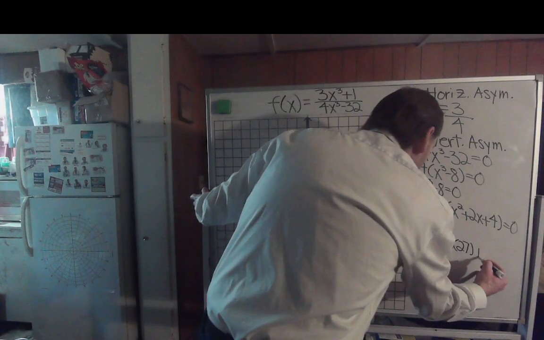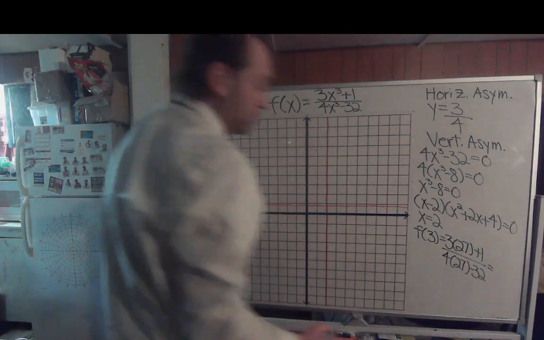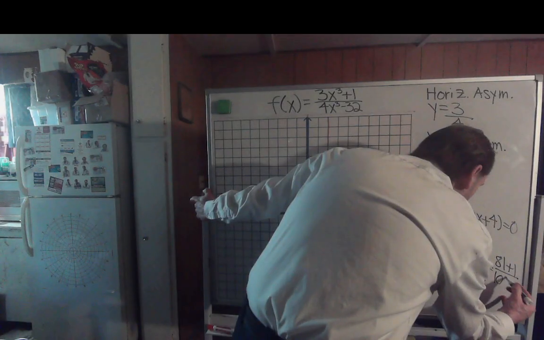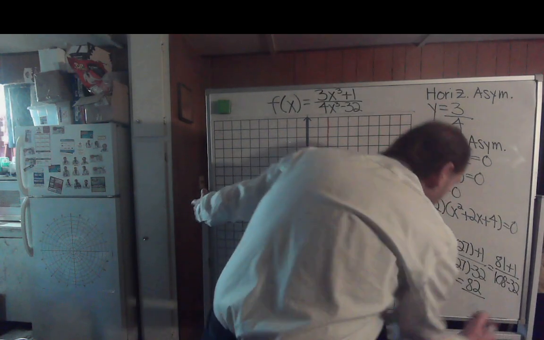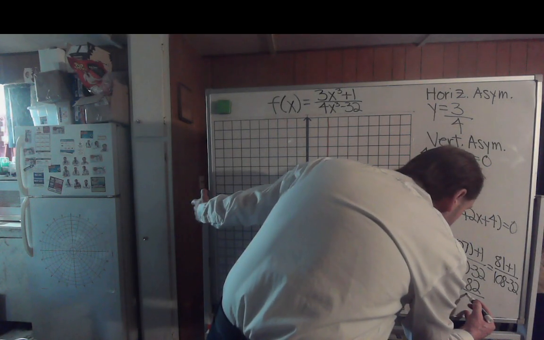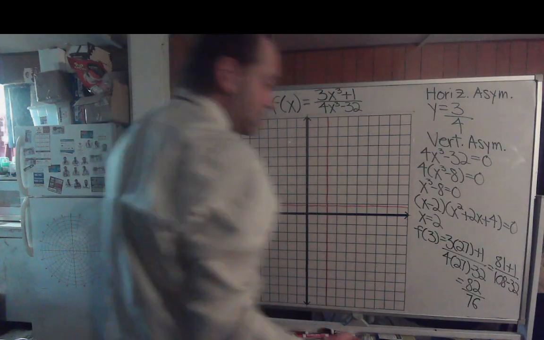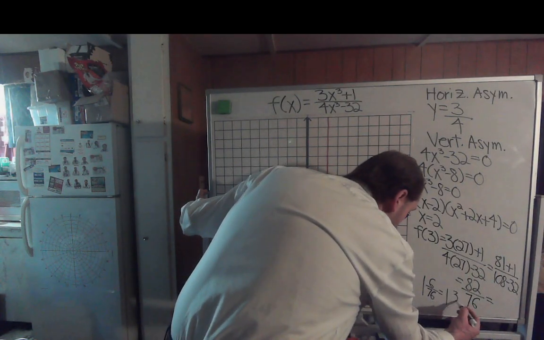Alright, so you would get 3 times 27 plus 1 divided by 4 times 27 minus 32, which would equal 81 plus 1 divided by 108 minus 32, which would give you 82 divided by 76, which would literally end up giving you 1 and 6/76, which would be 1 and 3/38.